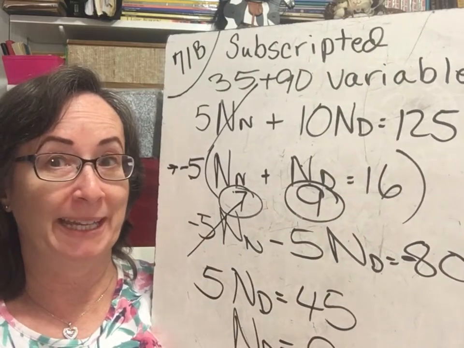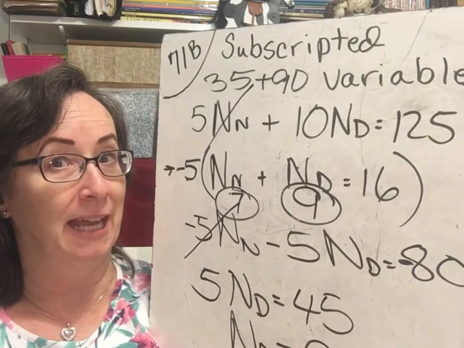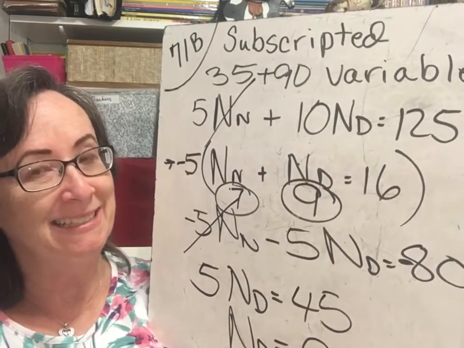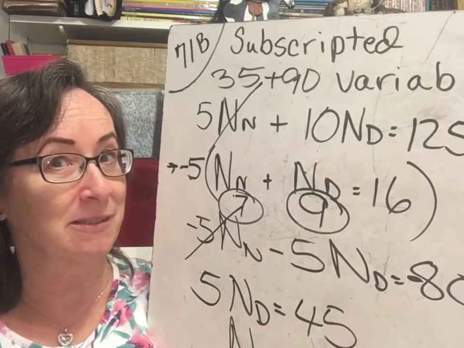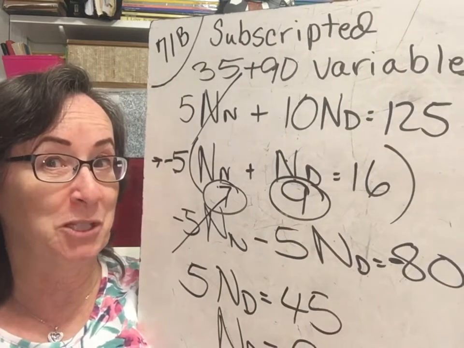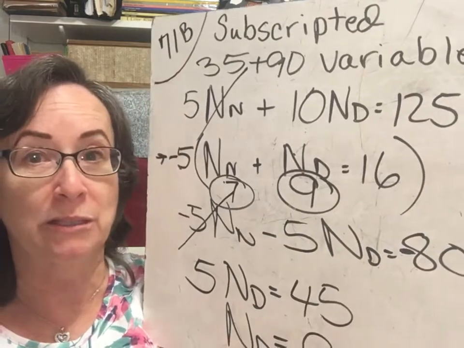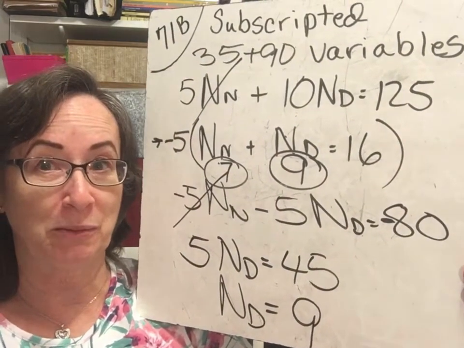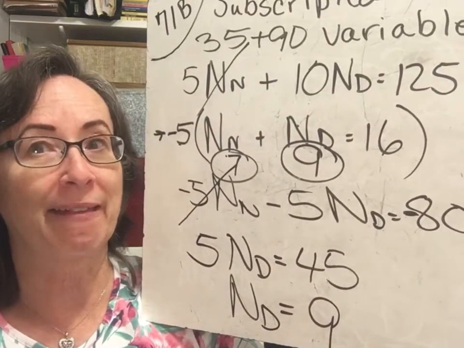I would just call it n and d instead of n sub n and n sub d. Really doesn't matter. They're your variables. So you can make them what you want them to be. Unless you're told what to make the variables, then you have freedom to make the variables what you would like them to be.